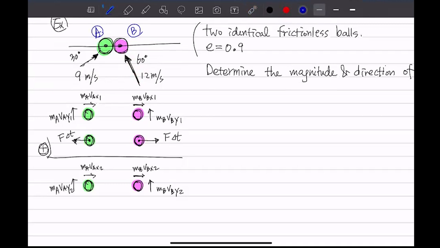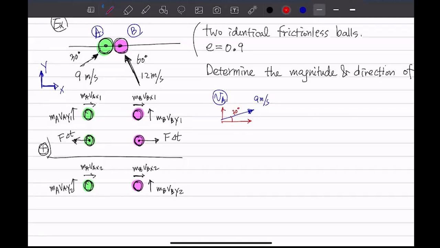And of course, we have X and Y defined like this. So for VA, it was 9 meter per second and had 2 velocity components we can decompose into, right? And that was a 30-degree angle.